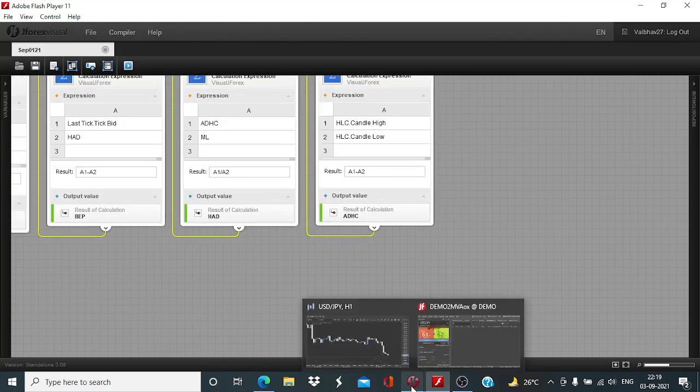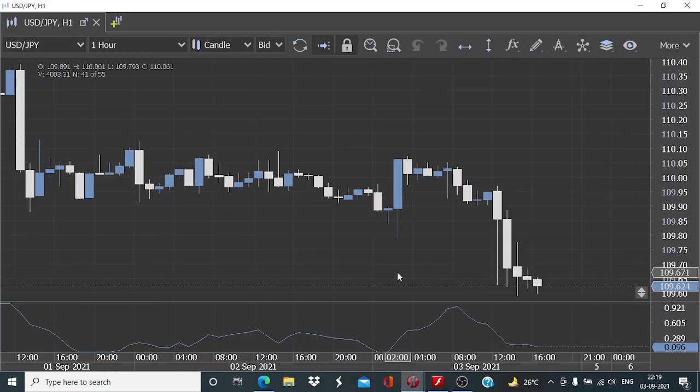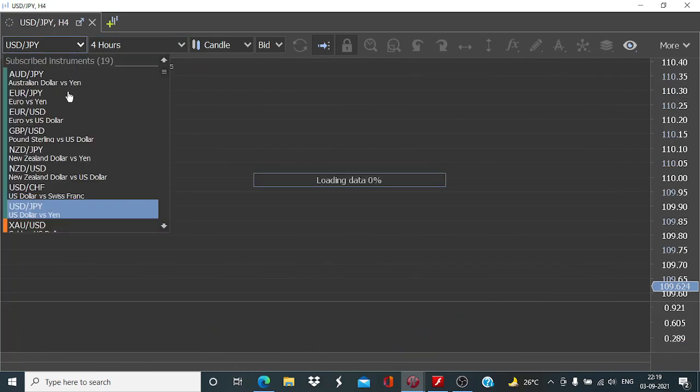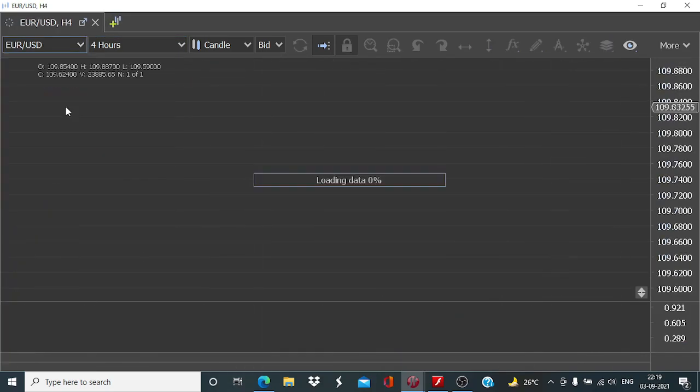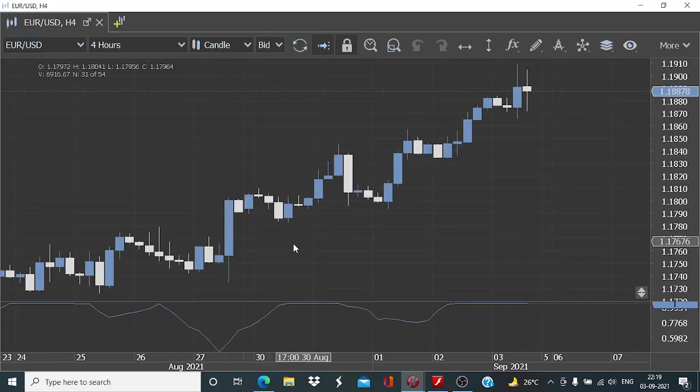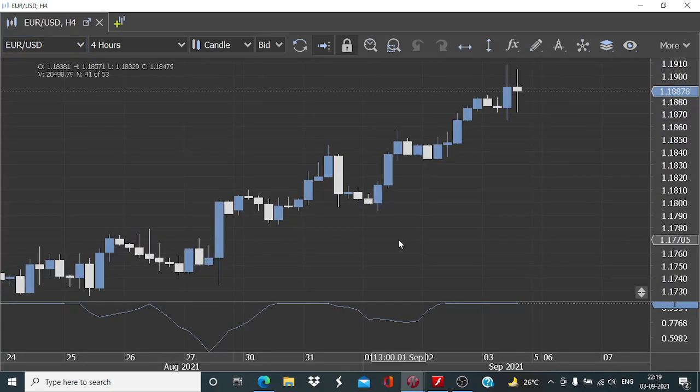So let me give you a refresher of what the logic is going to be for execution of the sell trade. I will change it to EURUSD for hourly candle period. This is the EURUSD 4 hourly chart. For any sell trade to be initiated, we need the momentum to be bearish.